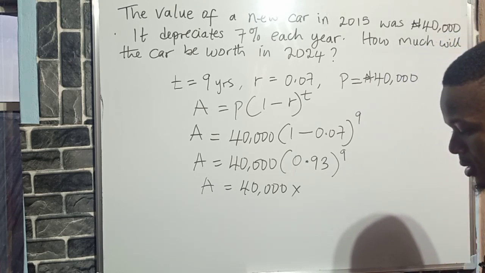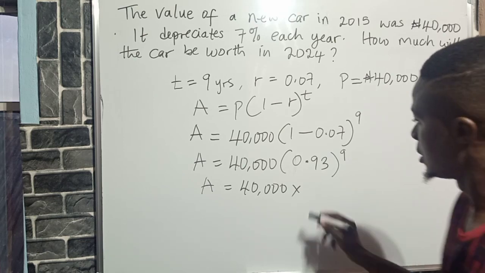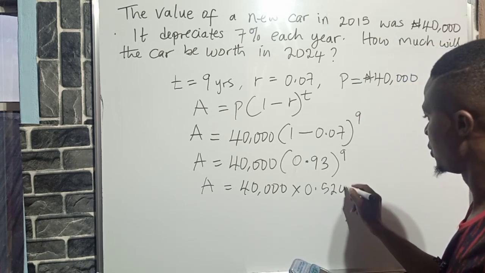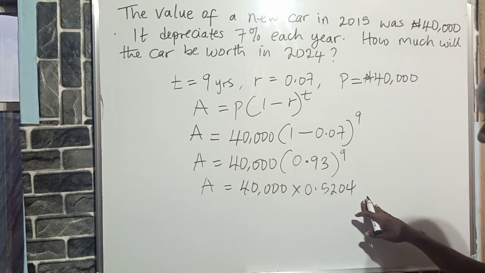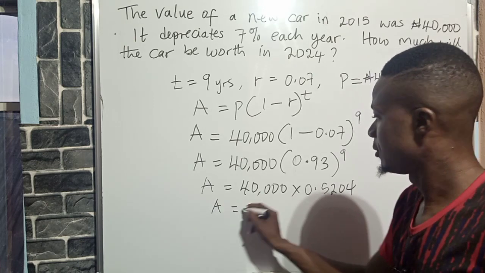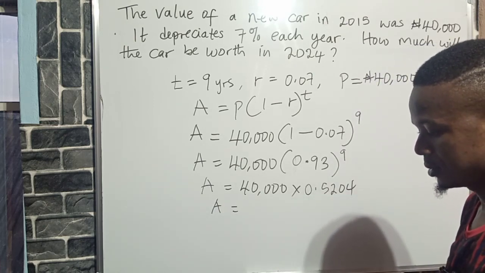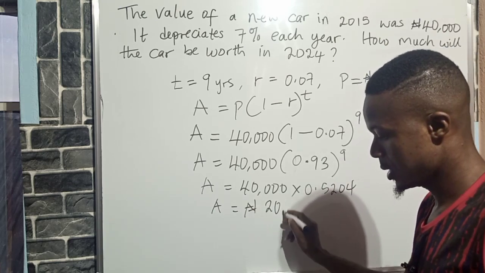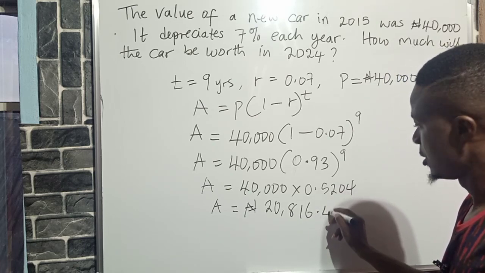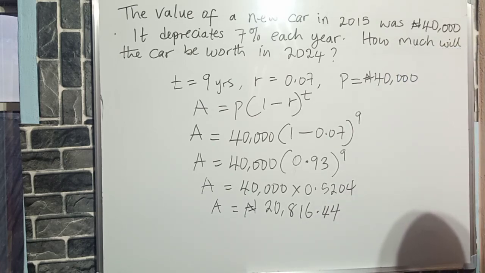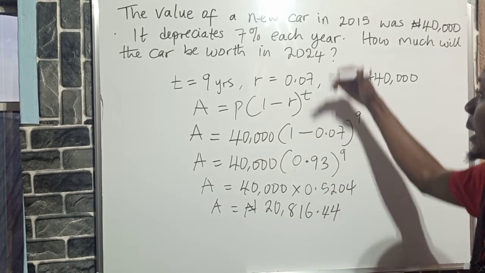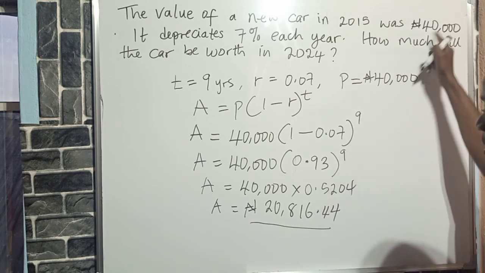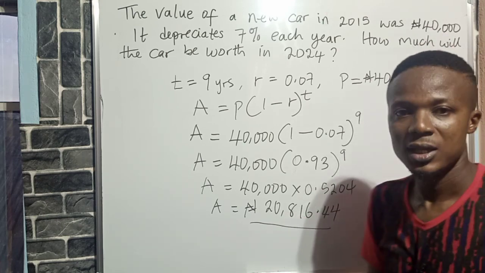It gives us 0.5204, to 4 decimal places. Then we multiply by 40,000. That will give us roughly 20,816 naira 44 kobo. So this should be the value of this car in 9 years' time. You can see that the value has reduced from 40,000 to 20,816 because it is decaying with time.